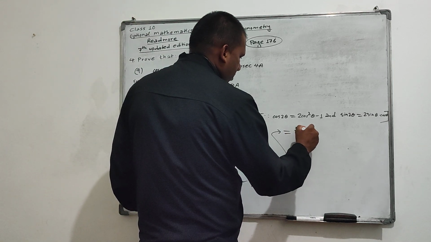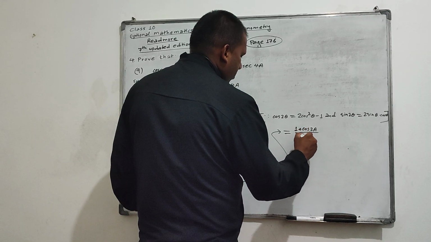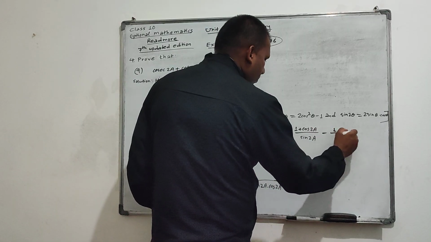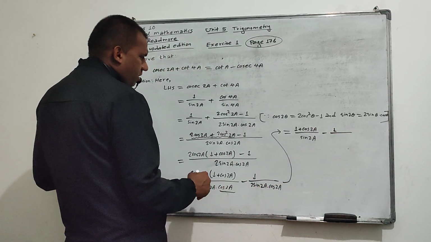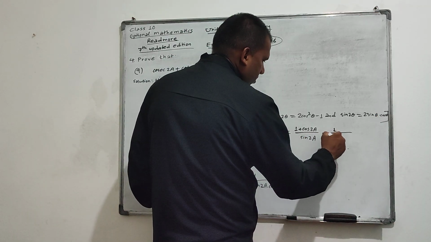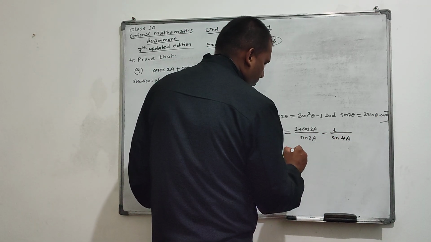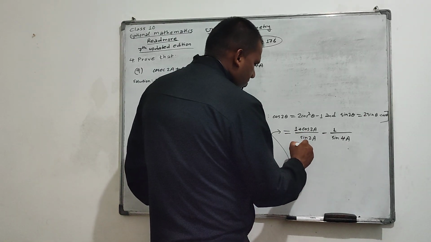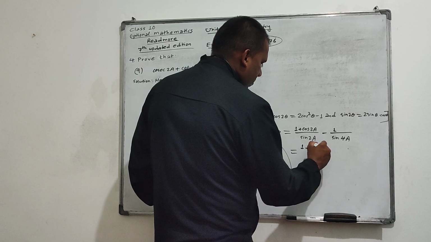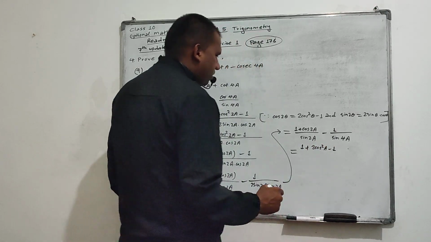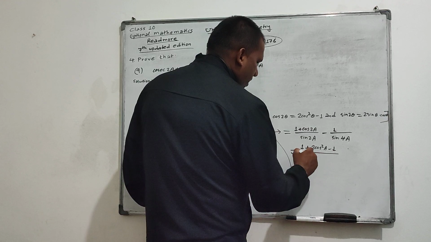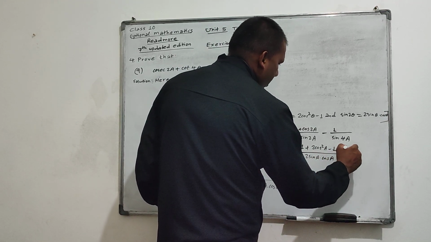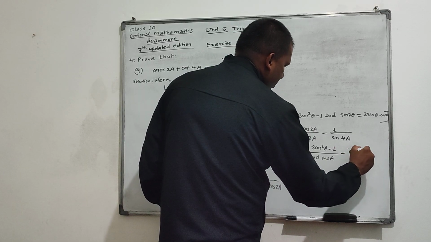1 plus cos 2a upon sine 2a minus 1 by 2 sine 2a cos 2a, that is sine 4a. Now we combine: sine 4a is 2 sine 2a cos 2a. 1 plus cos 2a, that is 1 plus 2 cos square a minus 1, upon sine 2a, 2 sine a cos a, minus 1 by sine 4a, that is cosec 4a.